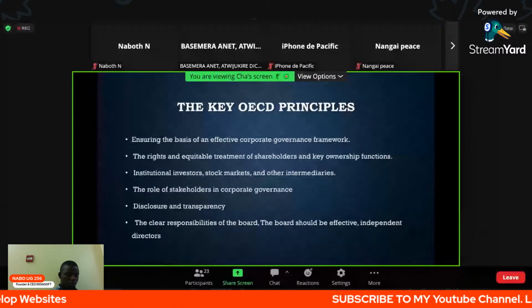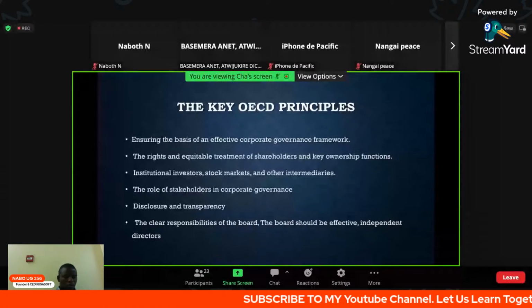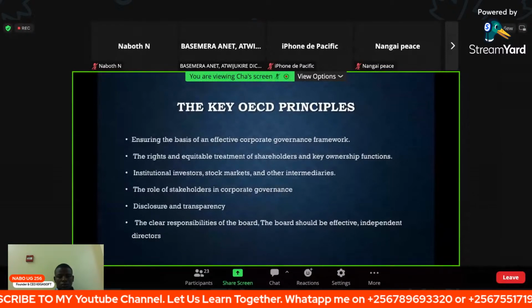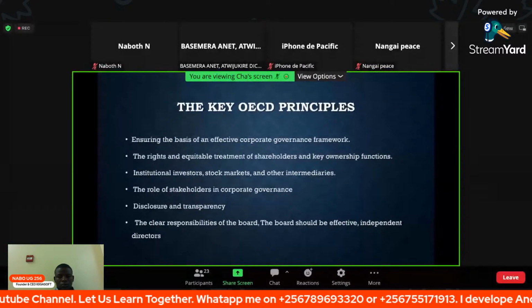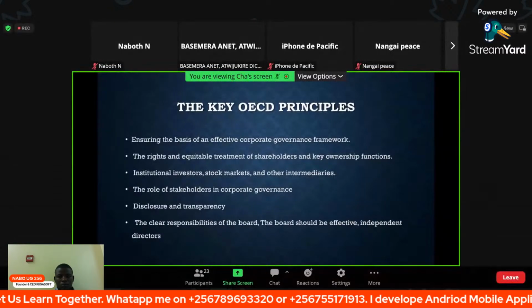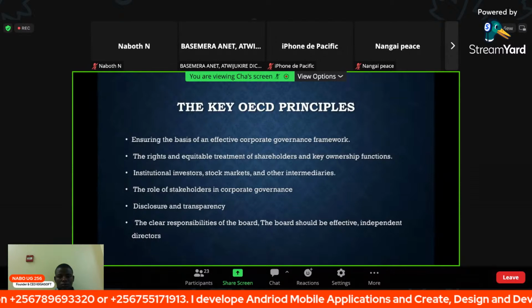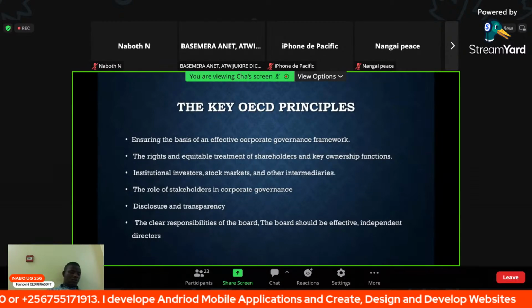Here you may even talk about the basic shareholder rights that should be included. Some of the rights of shareholders include that they can transfer shares and obtain relevant and material information on the corporation on a timely and regular basis.